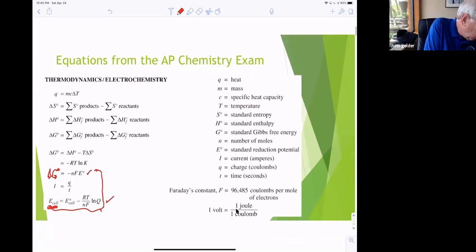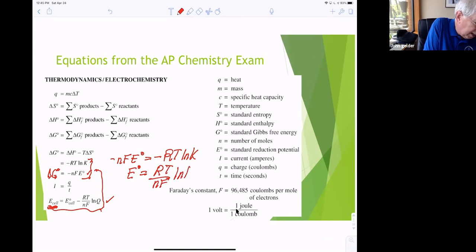We can get it by equating these two equations, minus nFE0 equal to minus RT ln K, and just solving for E0, and get a relationship between E0 and the equilibrium constant as RT over nF times ln K. We can get this equation also from the Nernst equation, but that's sort of an equation that's not on the equation page, but it is there.